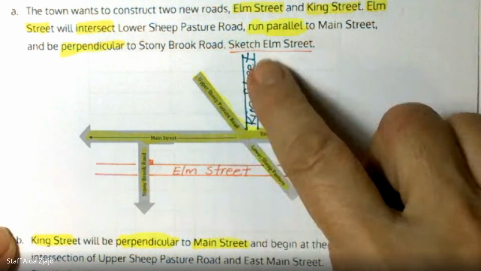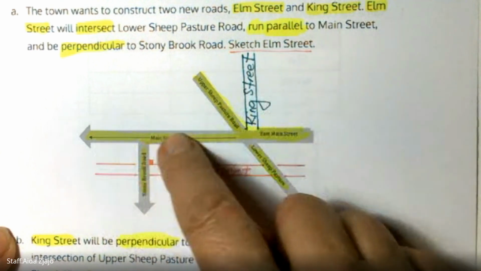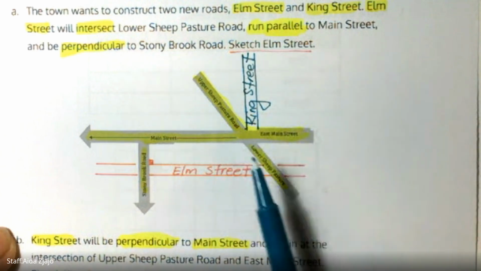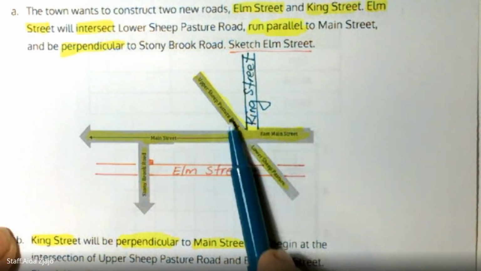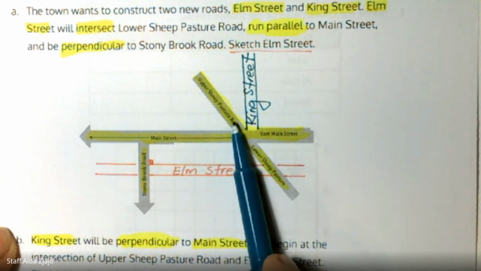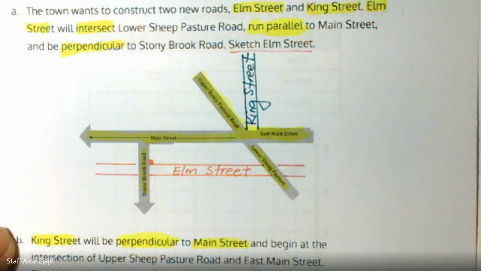And another is called King Street, and it was perpendicular to the Main Street, but it has a specific spot where it has to begin, at the intersection of Upper Sheep Pasture Road and East Main Road.